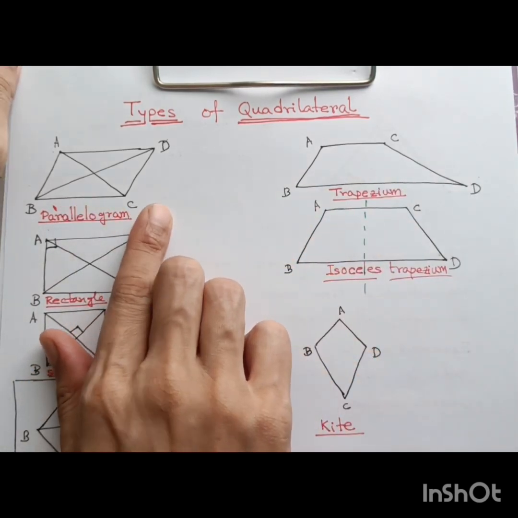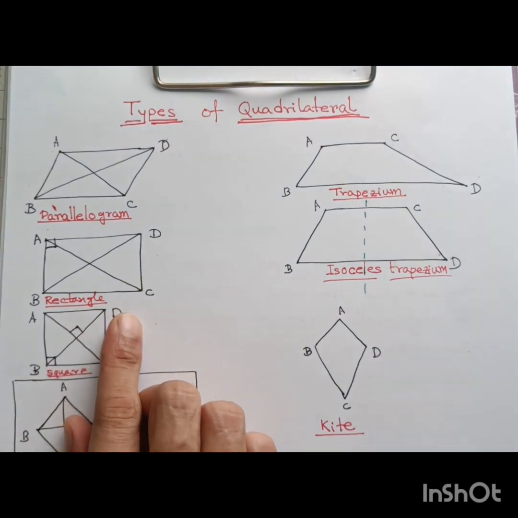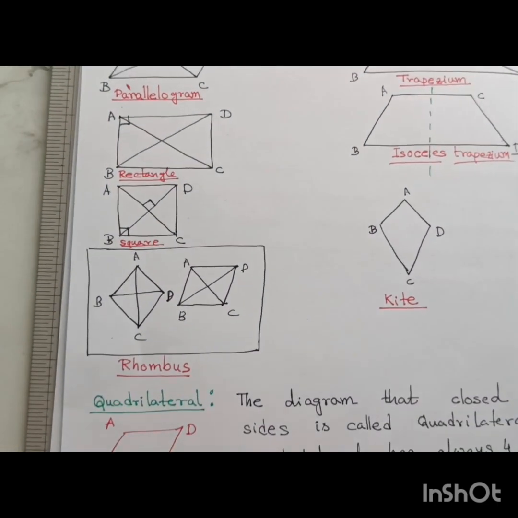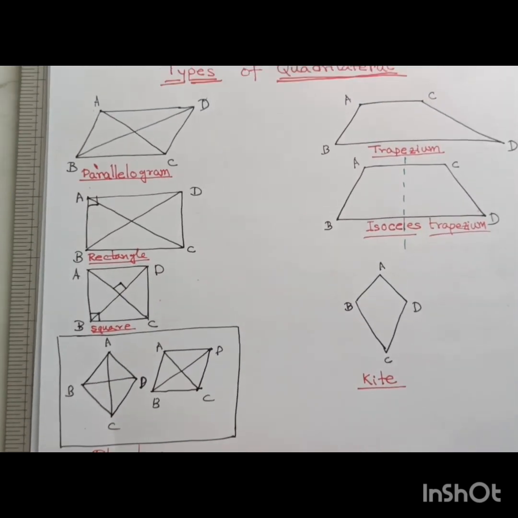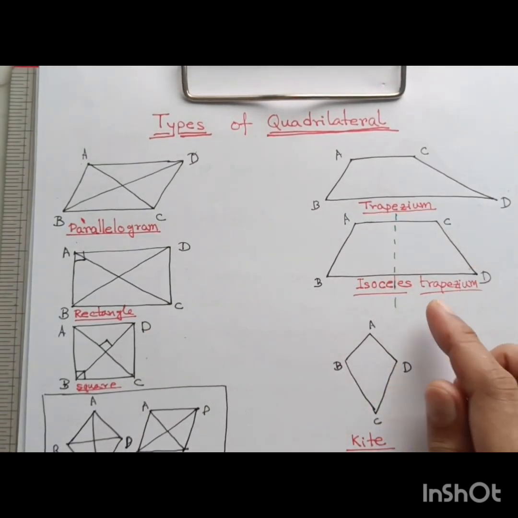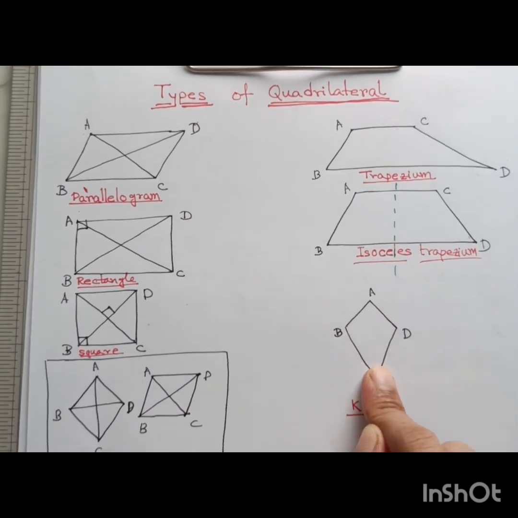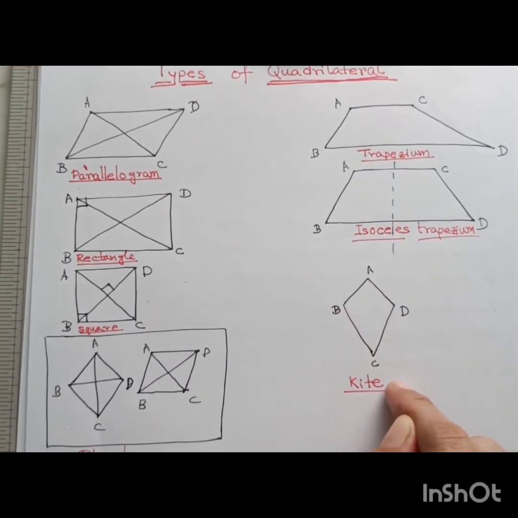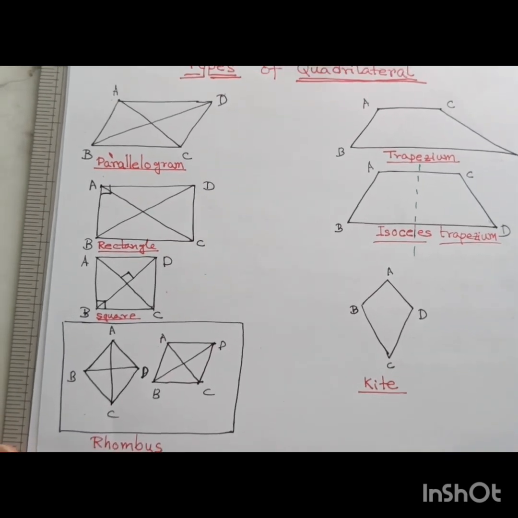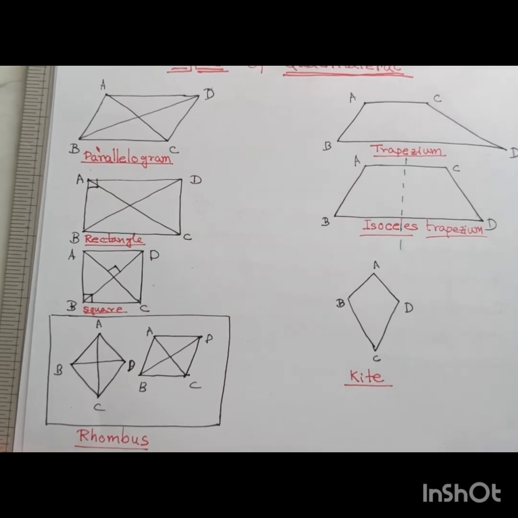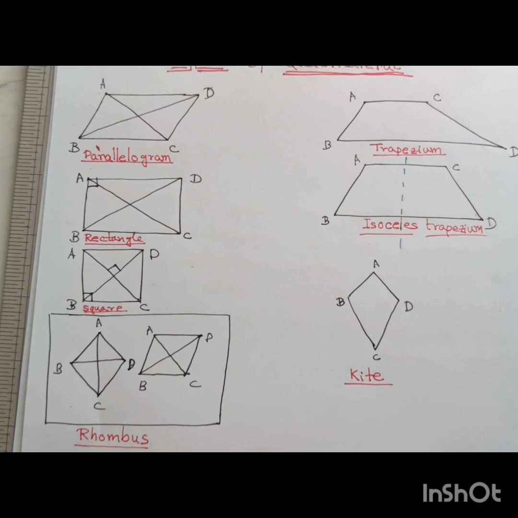This is parallelogram, this is rectangle, this is square, this is rhombus, two types of rhombus, trapezium, type of trapezium, isosceles trapezium, and this is the kite. These are all the quadrilaterals.